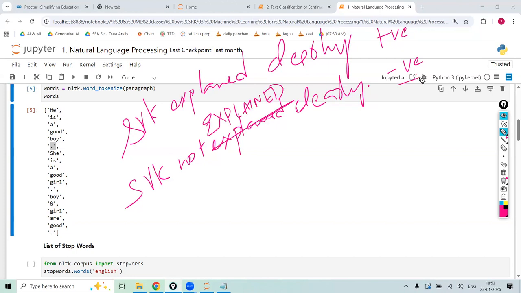So the positive or negative is not dependent on lowercase or uppercase, or on what type of grammar or comma you have used. For example, if I complete the sentence "SRK not explained clearly" with a semicolon, or write an at-the-rate sign at the start and end, will this sentence be considered negative or positive? The at-the-rate sign doesn't have any importance.